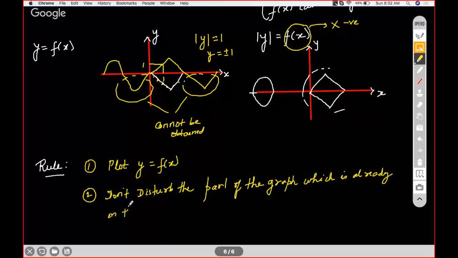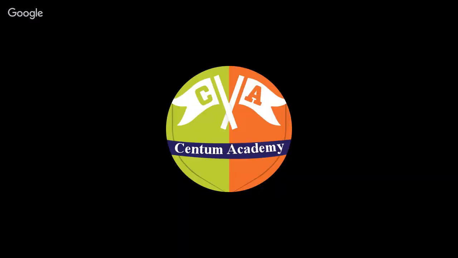And third step, reflect the graph which is on the positive y-axis about the x-axis, ignoring the part which was in the negative y-axis direction. Okay. Understood. Great.